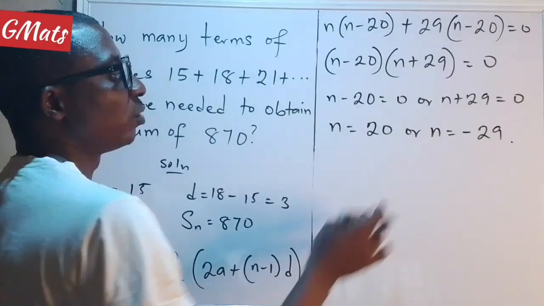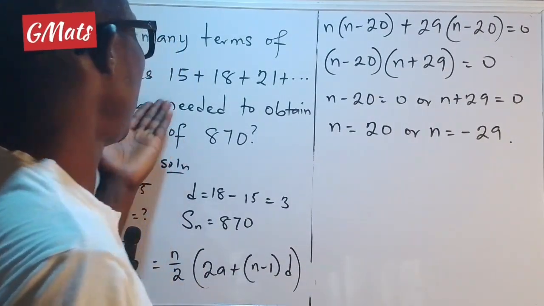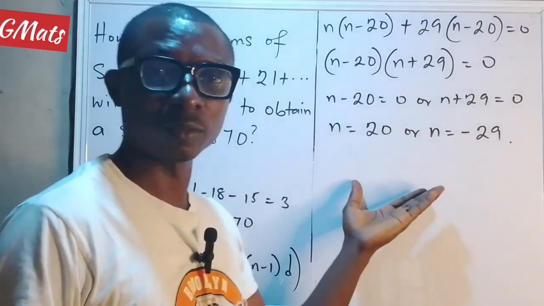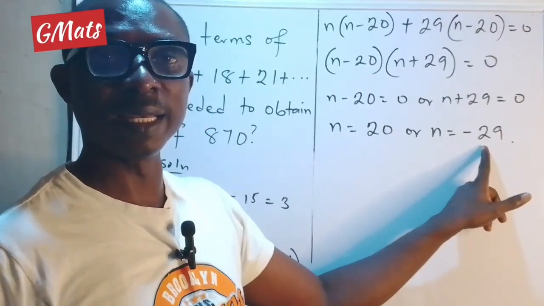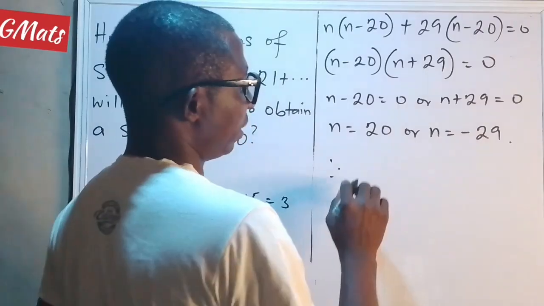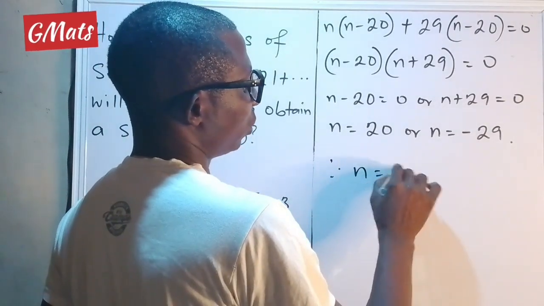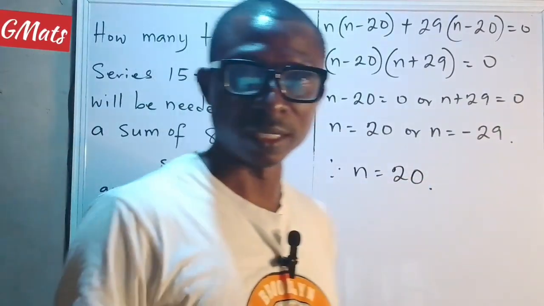All right, so these are the values of n. But then we know that n should be a natural number, which are actually counting numbers. So in this case, n cannot be a negative number. Therefore, we now conclude that n is 20 and not minus 29.